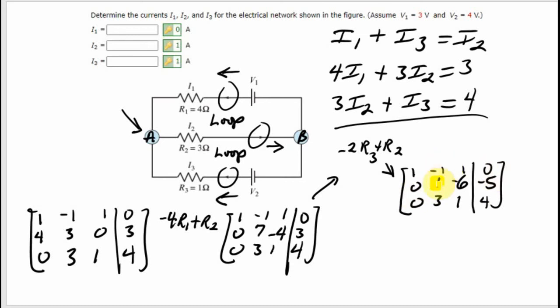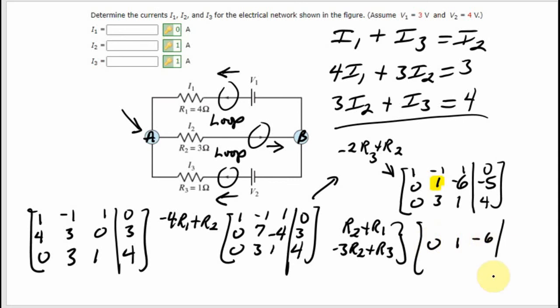Alright. Now we use A22 to get zeros above it and below it. We can do that by just adding row 2 plus row 1, and then negative 3 times row 2 plus row 3. So row 2 stays the same.